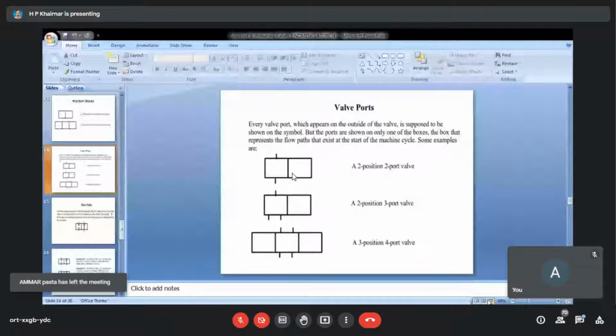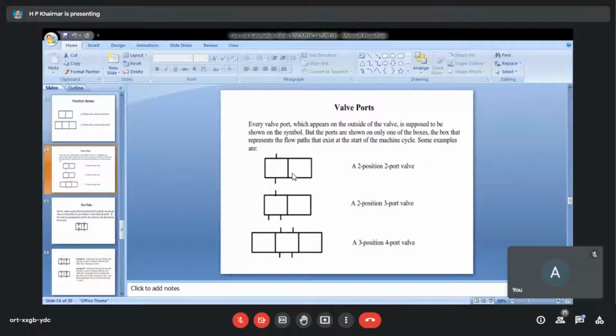Now there are valve ports. Every valve port which appears on the outside of the valve is supposed to be shown on the symbol, but the ports are shown on only one of the boxes. The box that represents the flow paths that exist at the start of the machine cycle.